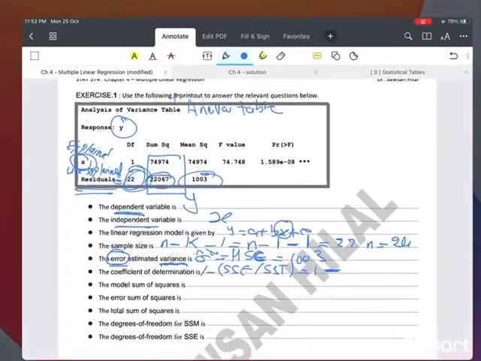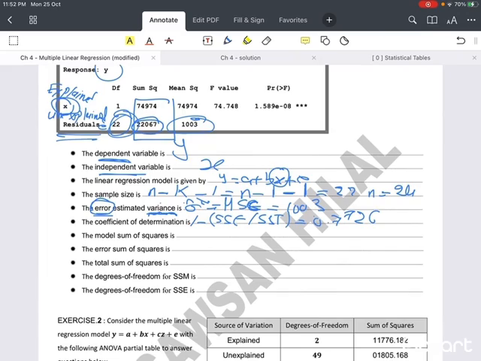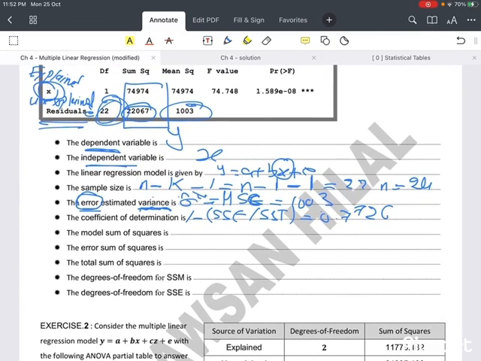Then we will write just the value here. It will be 0.7726. Okay, that's the model sum of square. The model means it goes for explained sum of squares.